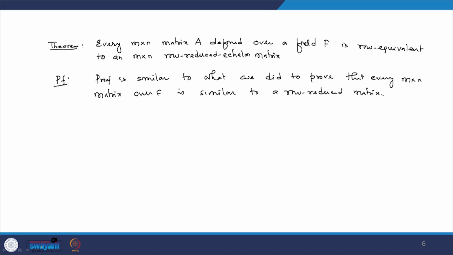So let me consider problems and show that one can have the corresponding row-reduced echelon matrix. Let me take an example.